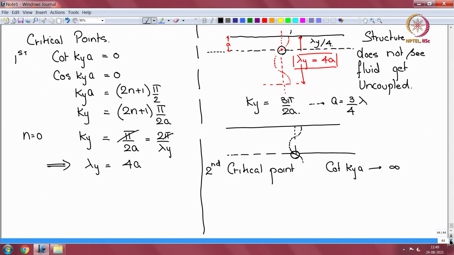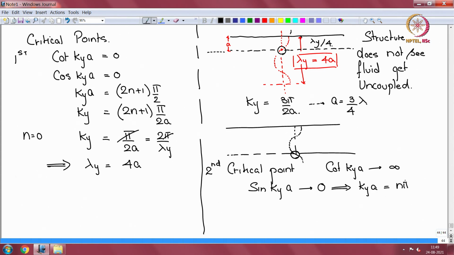So what happens there? Cot is cosine over sine, which means now sine kya goes to 0, which implies that kya is equal to n pi.